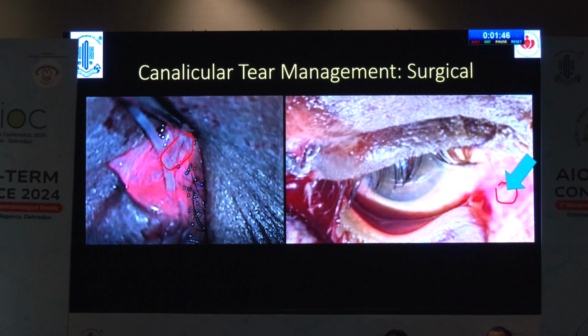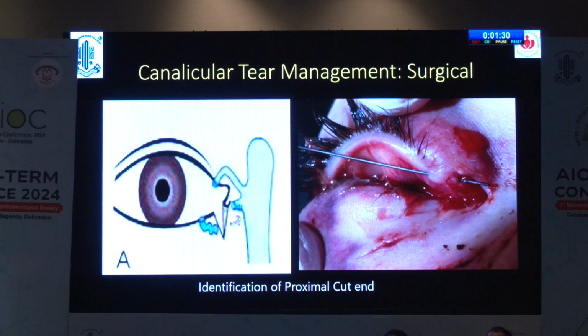The most important step is, in the literature, they have given different options, like people inject air from the normal canaliculus, or they inject fluorescent stained dyes, but these have never worked in my hands. When I inject the dye from here, it usually leaves through the nasolacrimal duct because there is always edema of this part. So this has never been very successful in my hands.